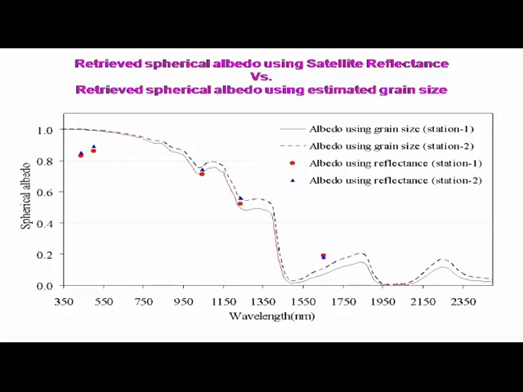The ART equation can model pure snow in the visible region, but here, because of some pollution in the snow, the retrieved spherical albedo is slightly lower than the theoretical model.